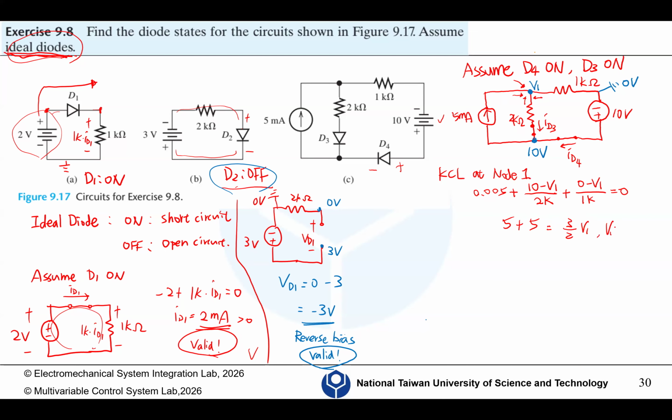So V1 equals 10 times 2 divided by 3, which is 6.67 volts. So V1 here is 6.67 volts.